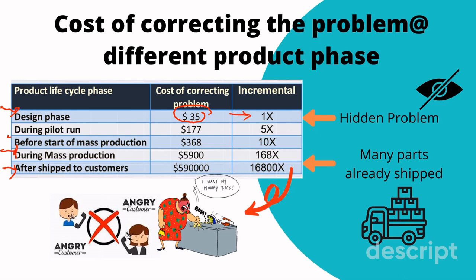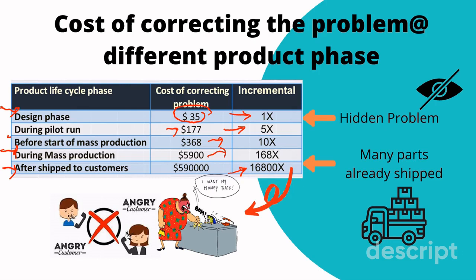If the problem is found and corrected at pilot run, it could be about 5 times more, which is not too bad, or even before the start of mass production, 10 times, a double digit increase. But during mass production, it will become 100 to 150 times or even more. And after it's shipped to the customers, it could escalate to between 10,000 and maybe 15,000 times or even more.